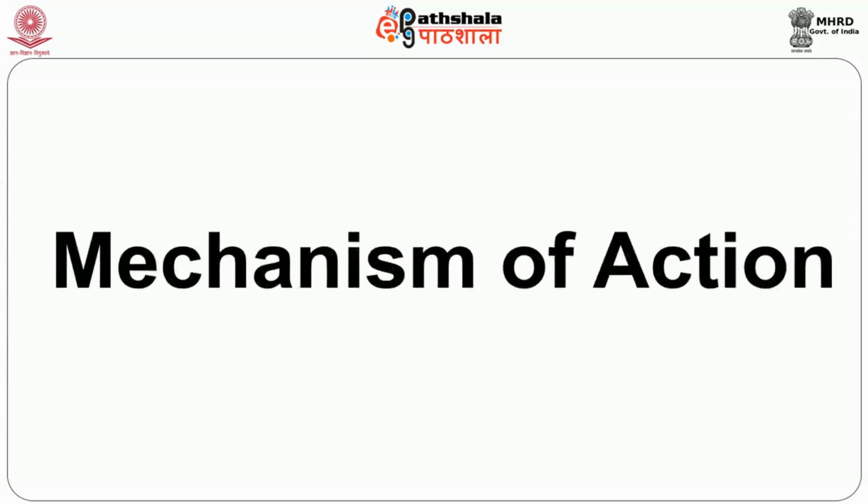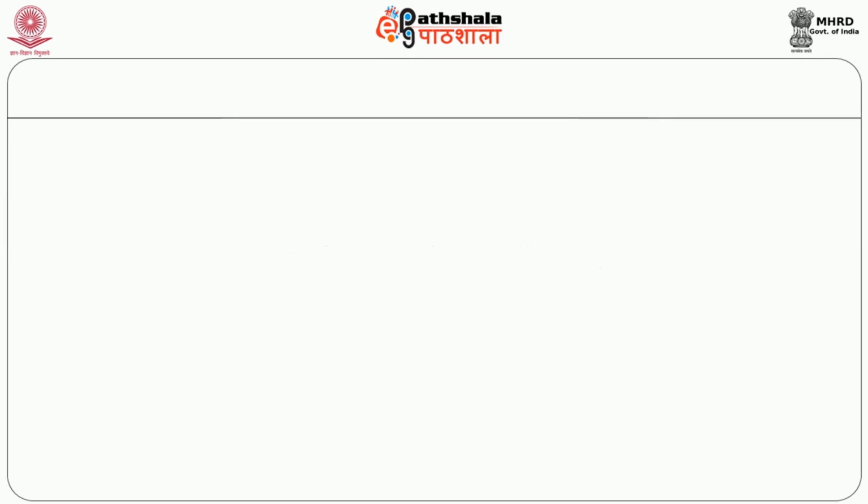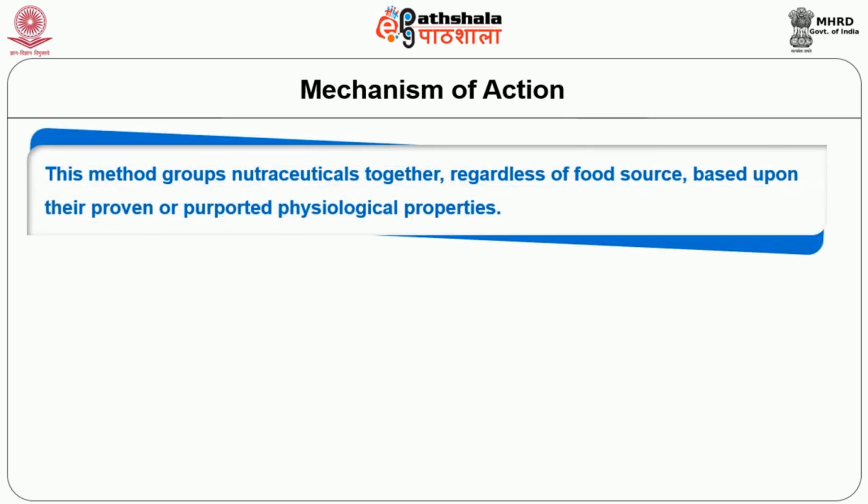The next method of classifying nutraceuticals is by their mechanism of action. This method groups nutraceuticals together regardless of food source but based upon their proven or purported physiological properties.